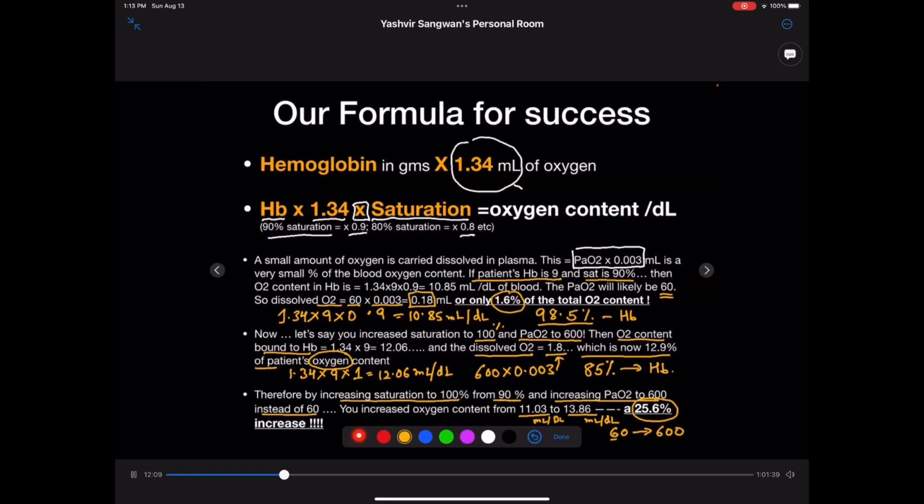So a 10 times increase in your partial pressure of oxygen in the arterial blood to get a 25% increase in the oxygen content.